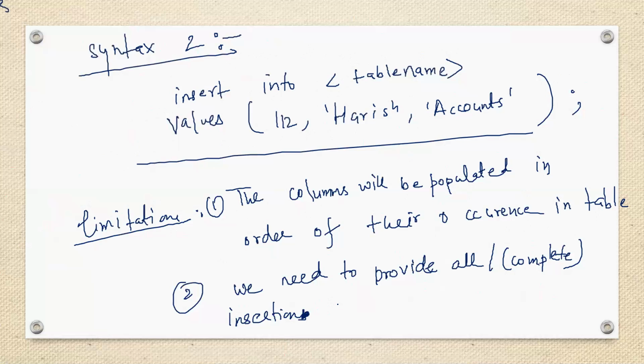What do I mean by all or complete insertion? I need to provide data for all the columns which exist in this table.